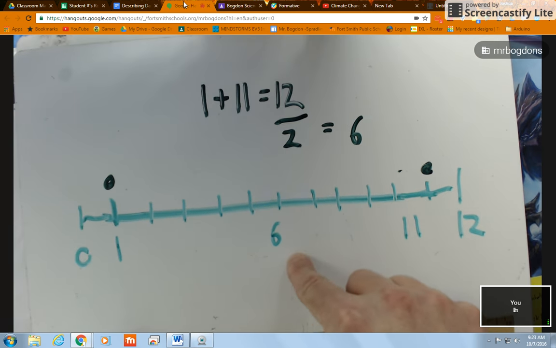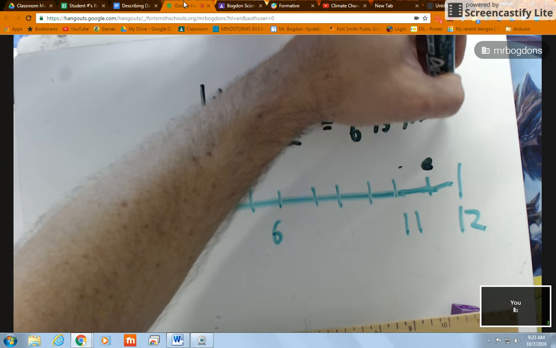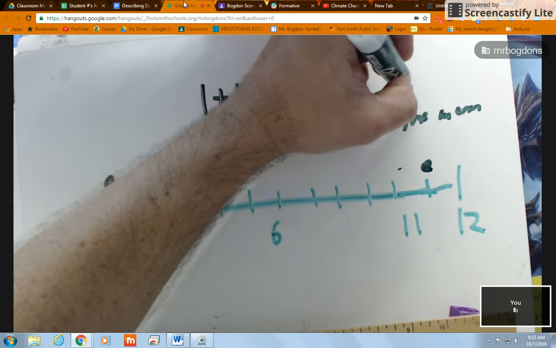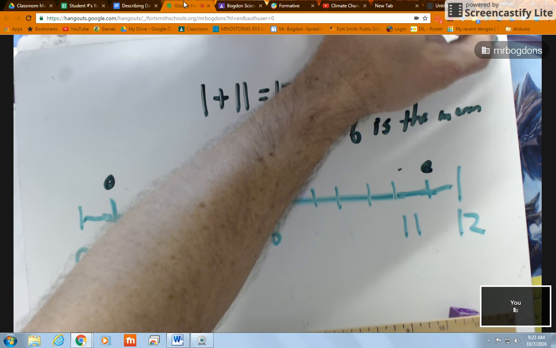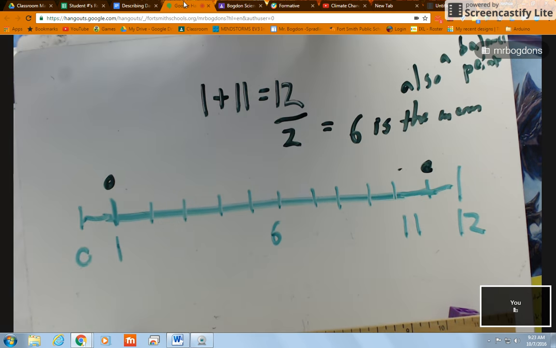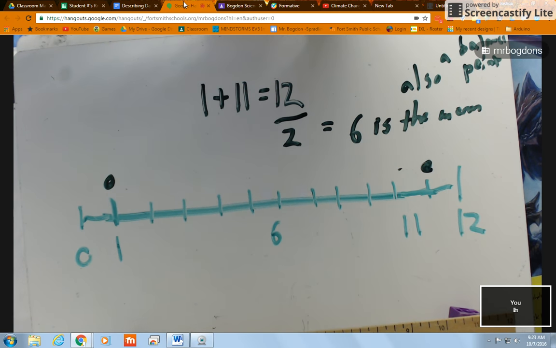And hey, my mean, 6 is the mean. And that's also a balance point. And yes, it is the median. If there are only two numbers and they're not the same, you have to add them together, divide by 2. And yes, this does also happen to be the median.